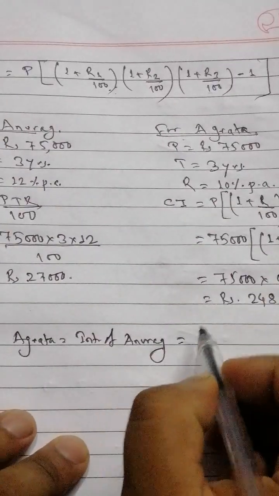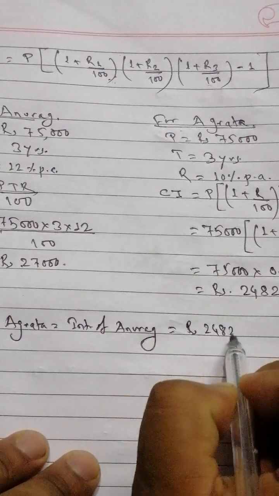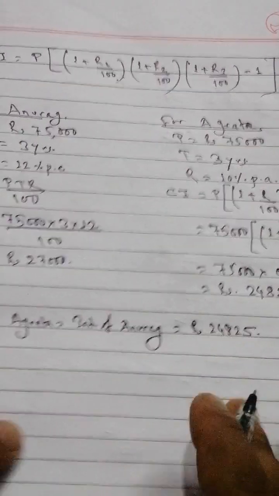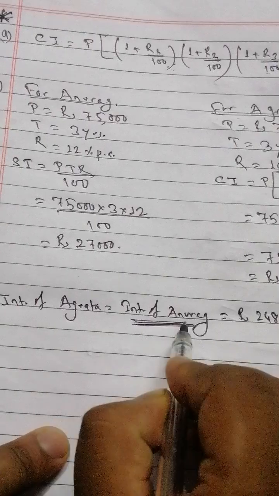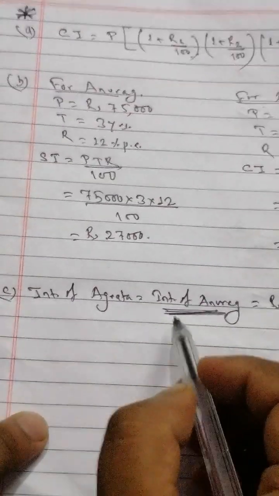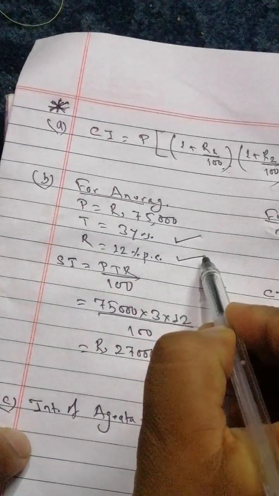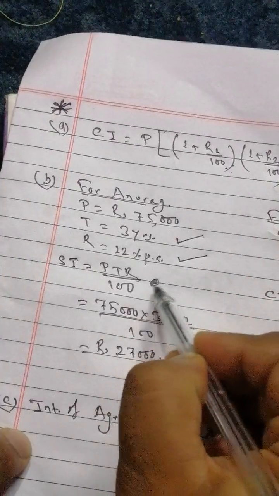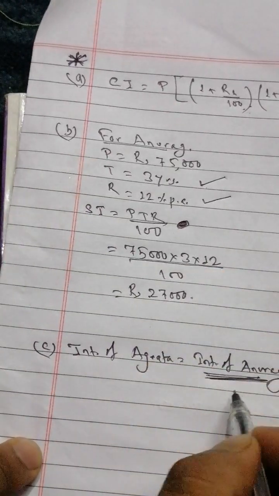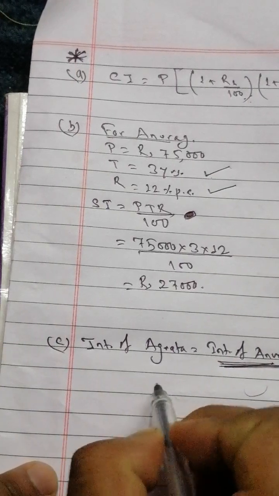That is, interest of Agrata, she is receiving rupees 24,825. Now this interest we have to keep as the interest of Anurag. So without altering time and rate of interest, for Anurag, the time is 3 years and rate of interest is 12%, where he is paying simple interest. So under this condition, how much is the invested amount, that we will calculate at first.